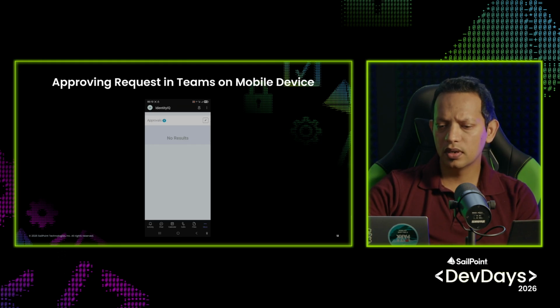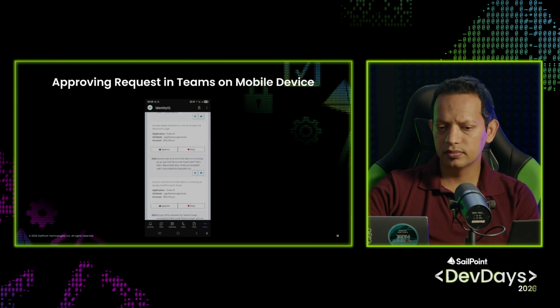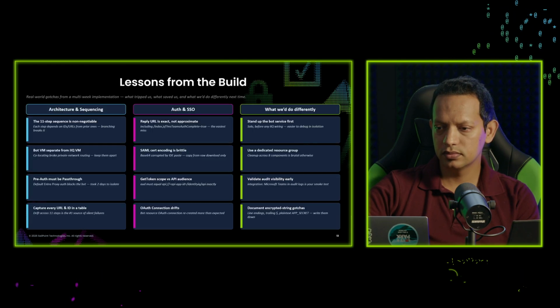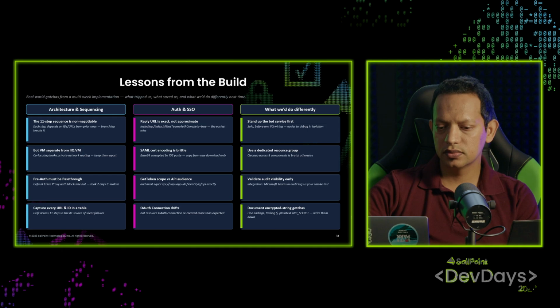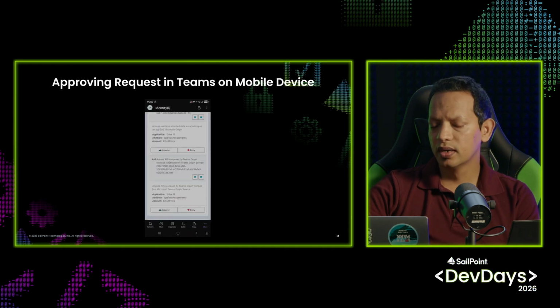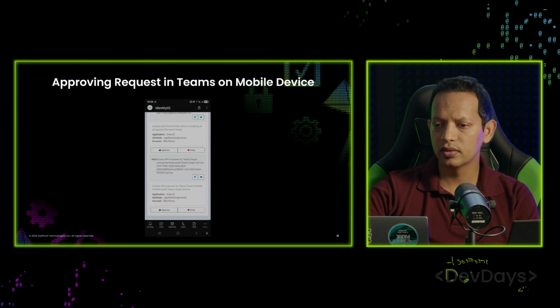Now, moving on to the demo part. Let me log in to my VM and start creating a request in IIQ and see how it actually looks on the desktop version of Teams.